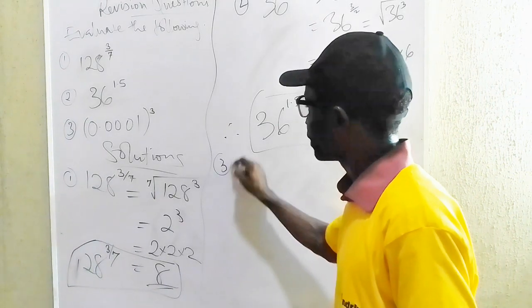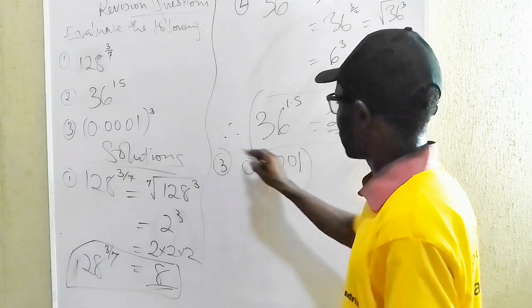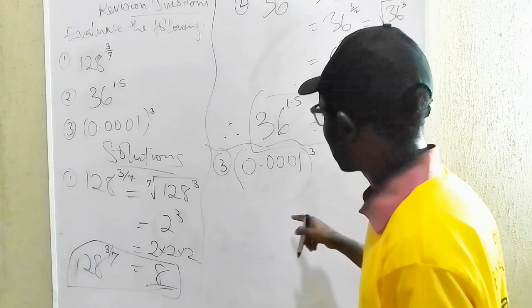Then we go to number 3. Number 3 is 0.0001, cubed. Now what's this?